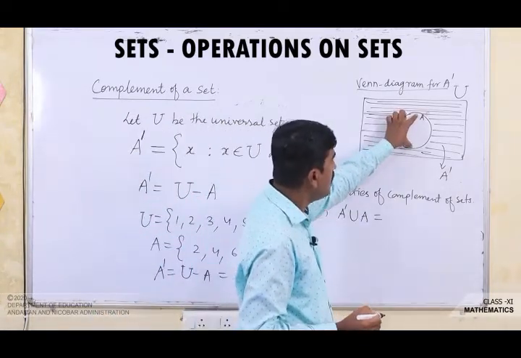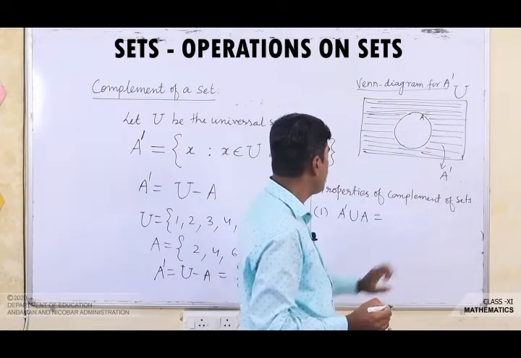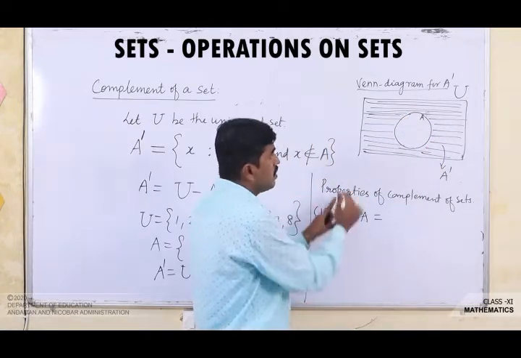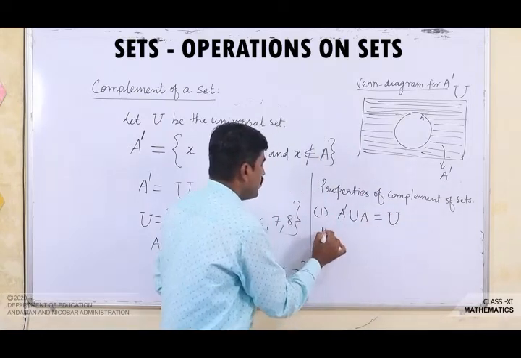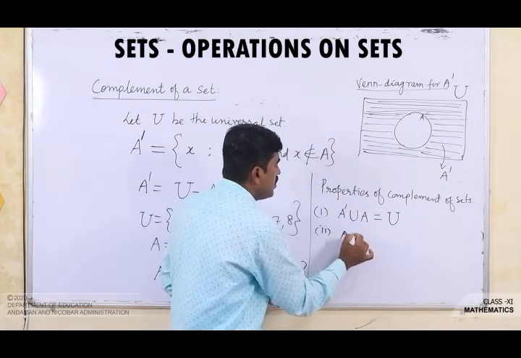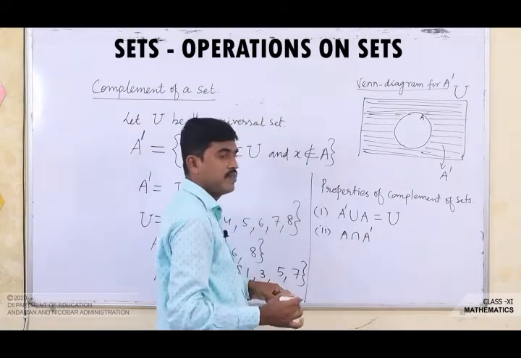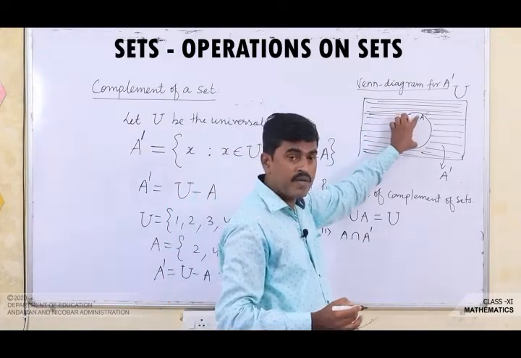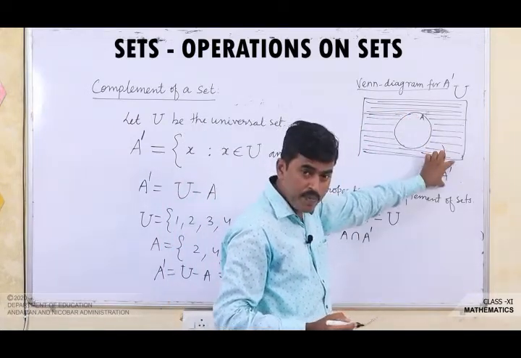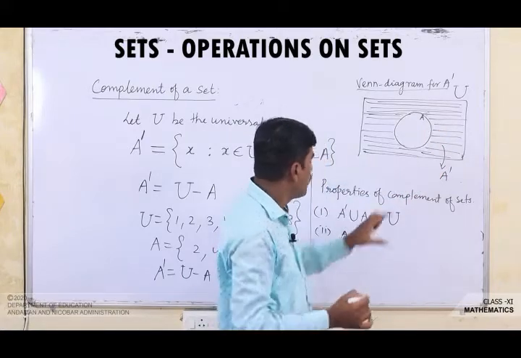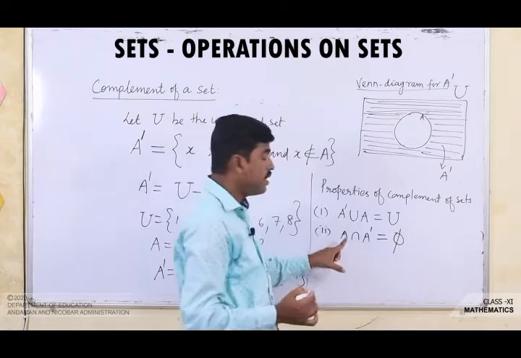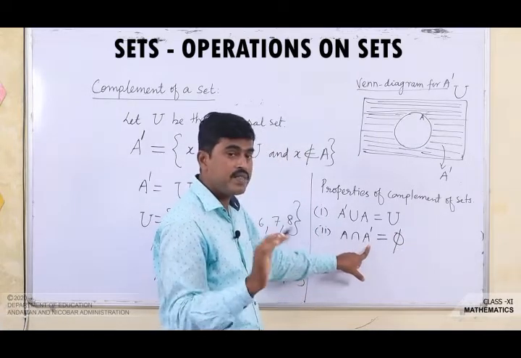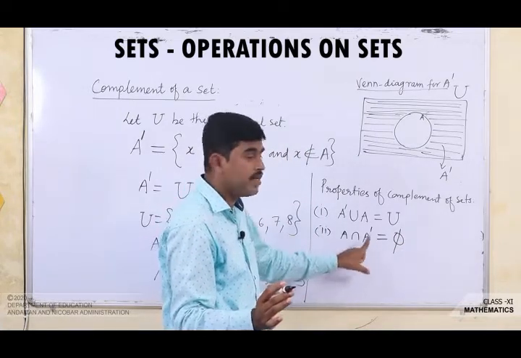This is the set A and the shaded region is A complement. So definitely we are going to get the whole set U, the universal set. Number two, A intersection A complement. As there is no common element in A and A complement, we are going to get phi.